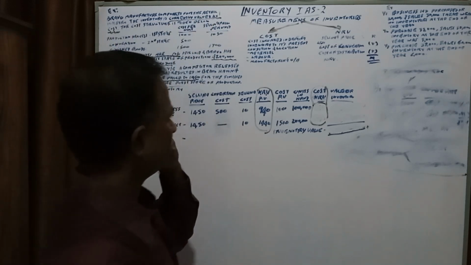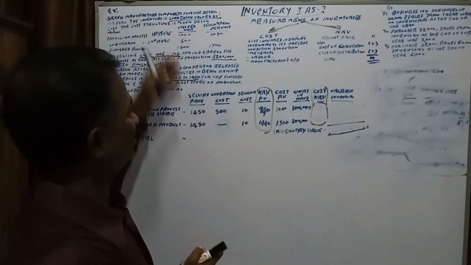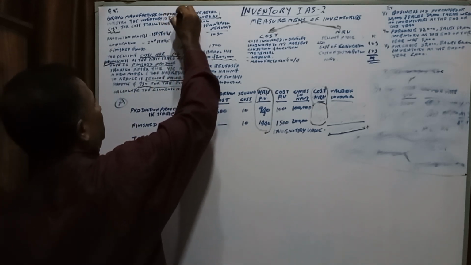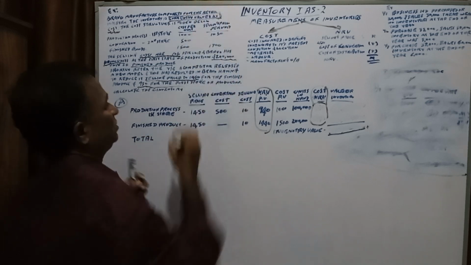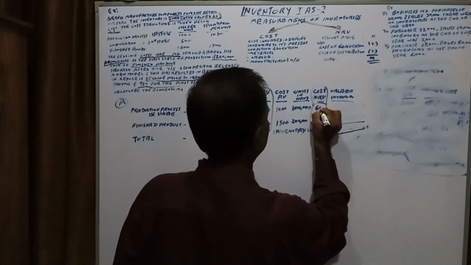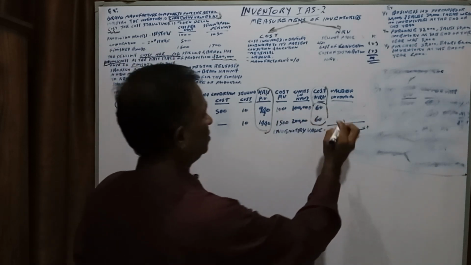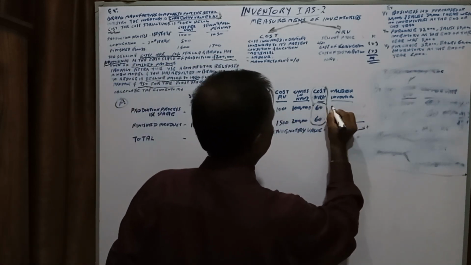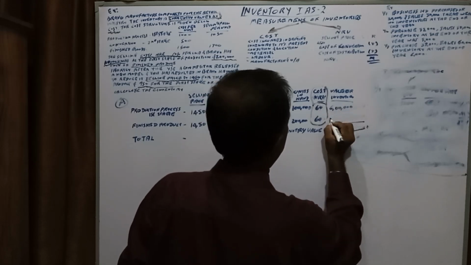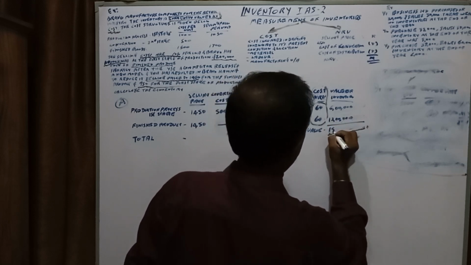Then we have to see the difference. Read the question very carefully. Valued at cost is the important matter in the question. So the incremental cost is 60. 60 into 100,000 is 6 million. Here is 12 million. Here is 18 million.